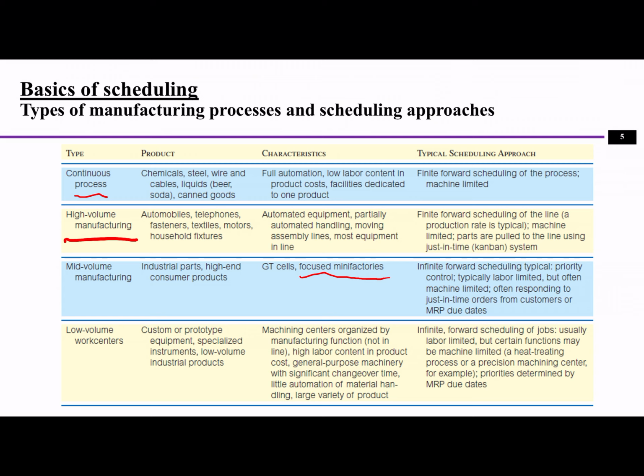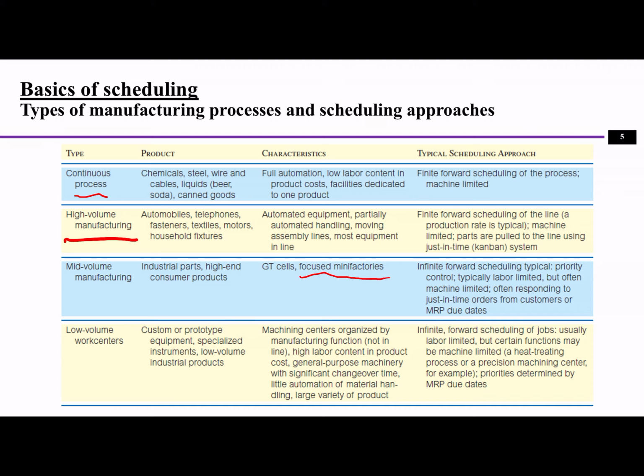Those processes are machine centers organized by manufacturing functions, not in a production line but in different functions, for example cutting, welding, or painting.